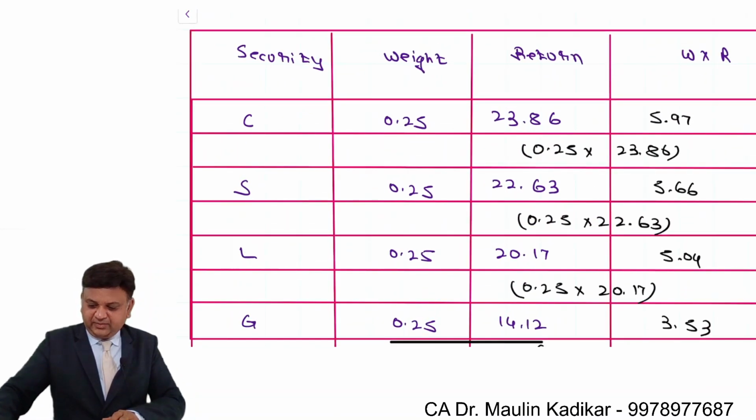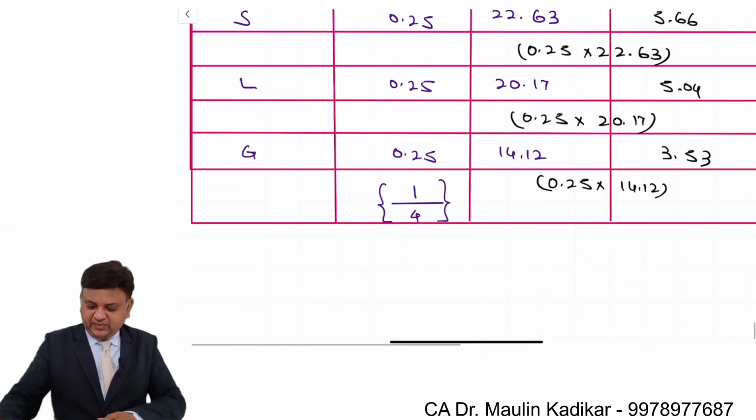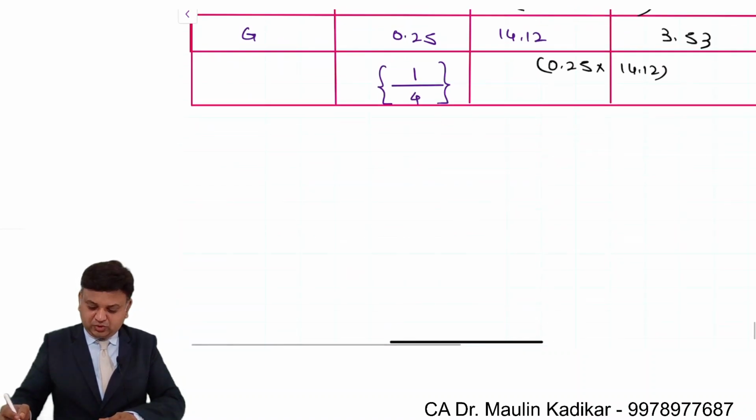So the answer will be 5.97 plus 5.66 plus 5.04 plus 3.53. That comes to 20.20.